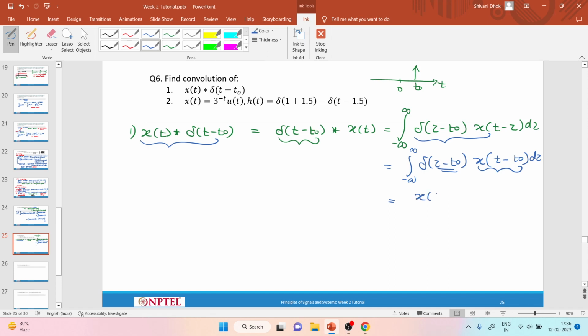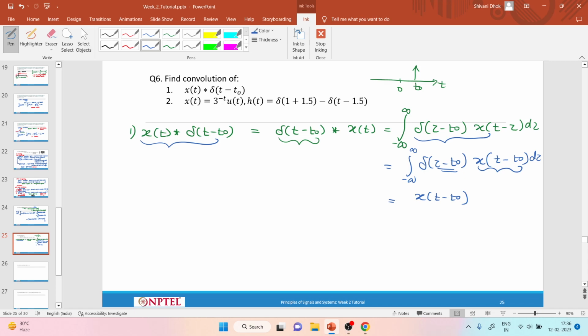So therefore this is equal to x of t minus t naught. Therefore, if I convolve any input x of t with a shifted impulse, my input gets shifted to that point. That is, if I am convolving x of t with delta of t minus t naught, the output will be x of t minus t naught.